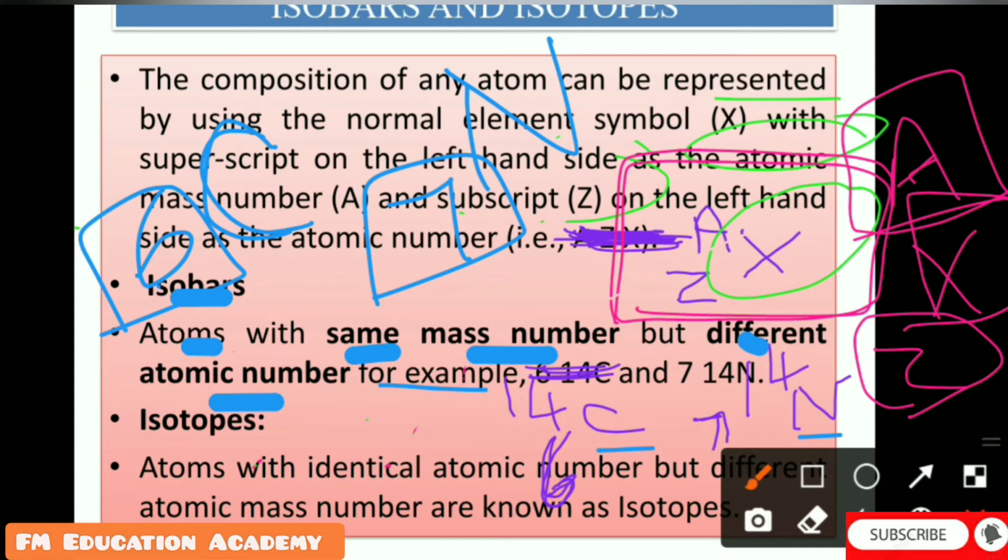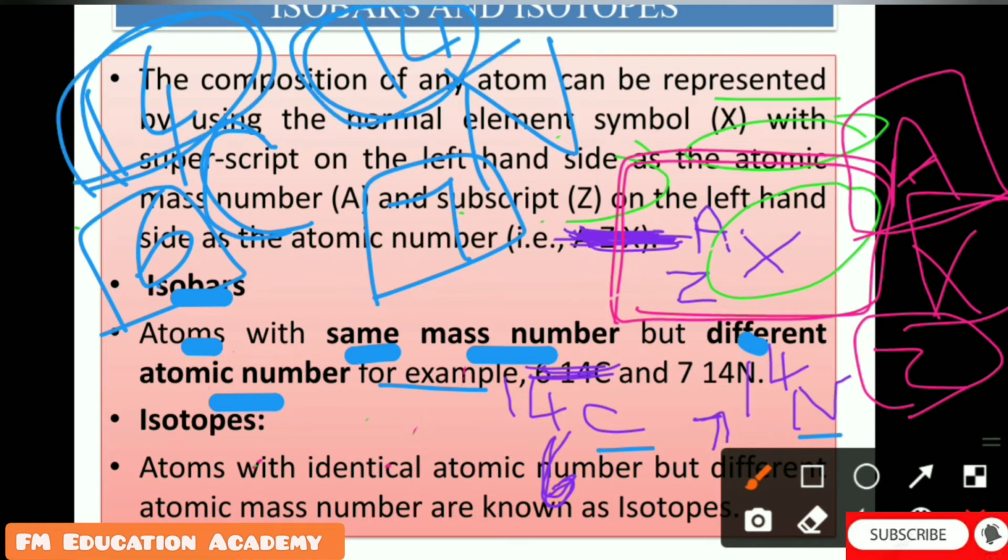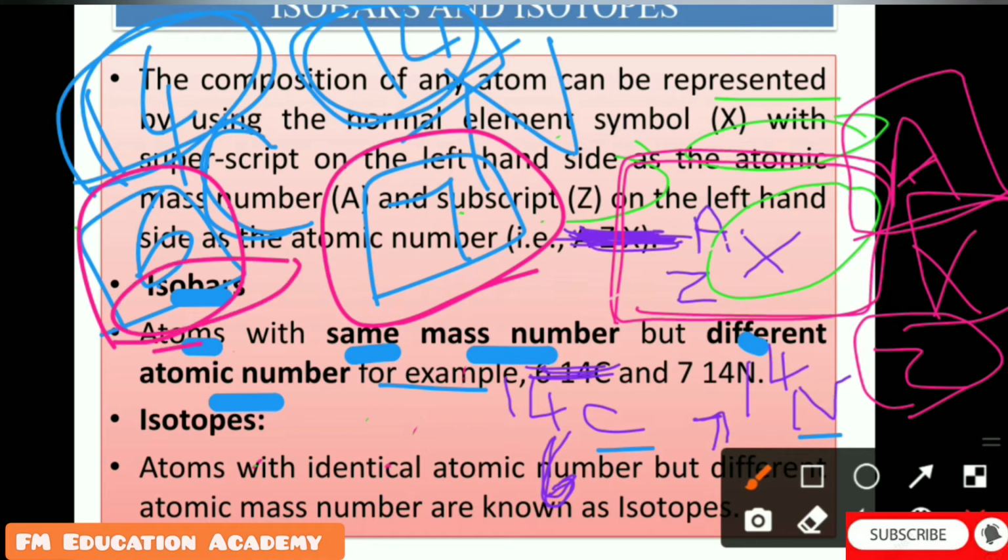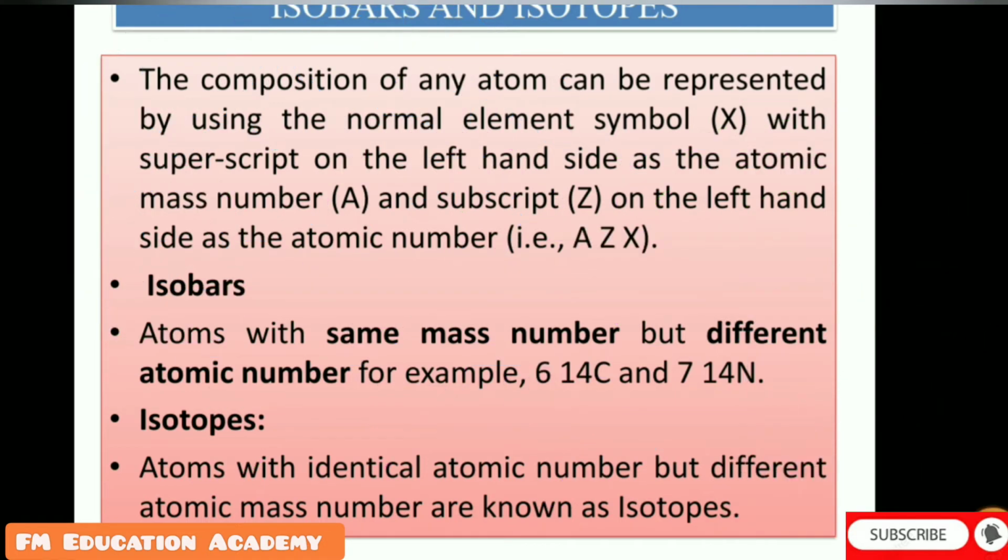Now we want to write the mass number. How to write the mass number? The mass number is written above. Carbon and nitrogen, both of them have the same mass number. What is mass number? Number of neutrons plus number of protons. So the atoms which have the same mass number but different atomic number will be called isobars. Same mass number but different atomic number.